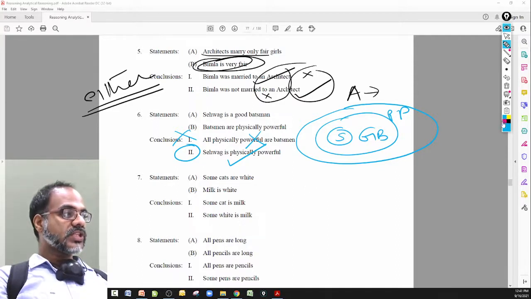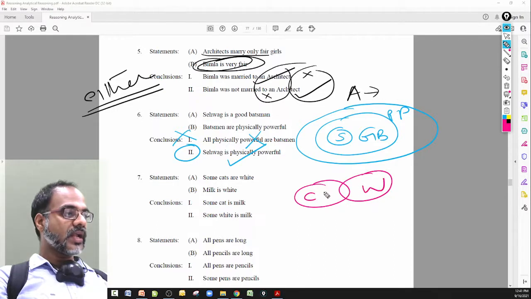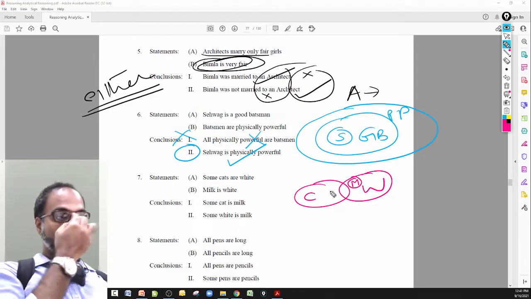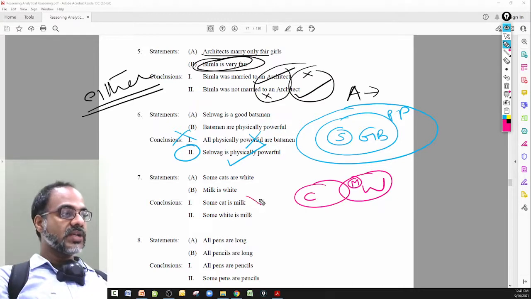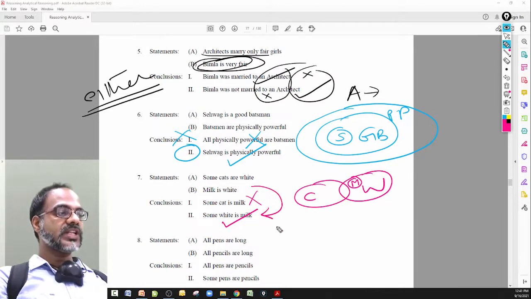In the next statement, we know that some cats are white and milk is white, right? Some cats are white and I know that milk is white. So milk may or may not be a cat. So can I say some cat is milk? No. But can I say some white is milk? Yes. Derived only from the second statement, but the first one is definitely false.